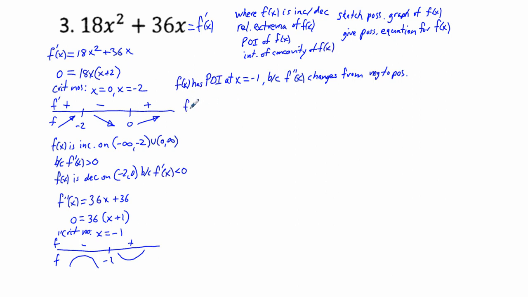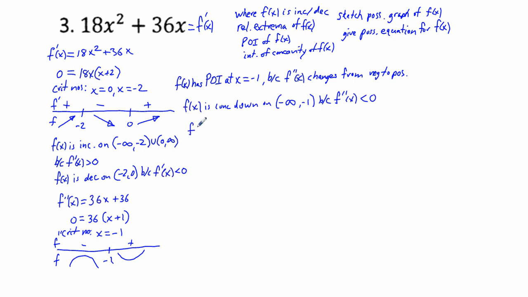F of x is concave down on the interval negative infinity to -1, because f double prime of x is less than 0.